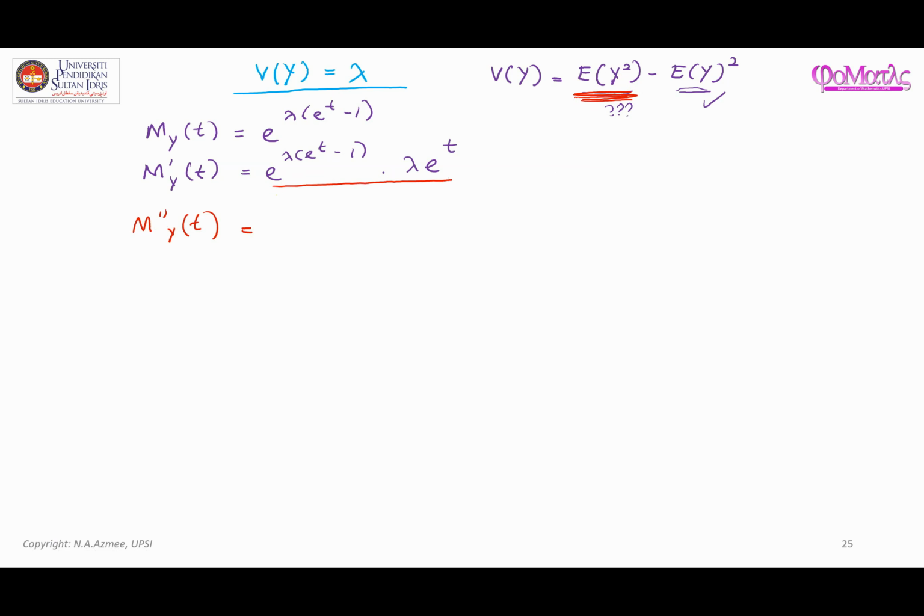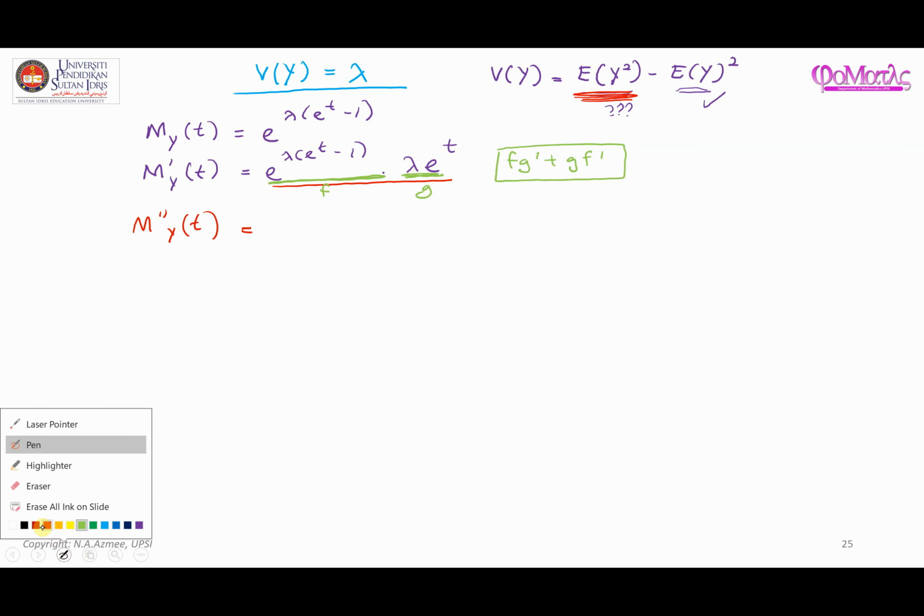For that purpose, I think we can consider this to be f, and this one to be g, and we can use the product rule, fg′ plus gf′, in order to obtain the derivative of that function. Okay, let's get on with it.